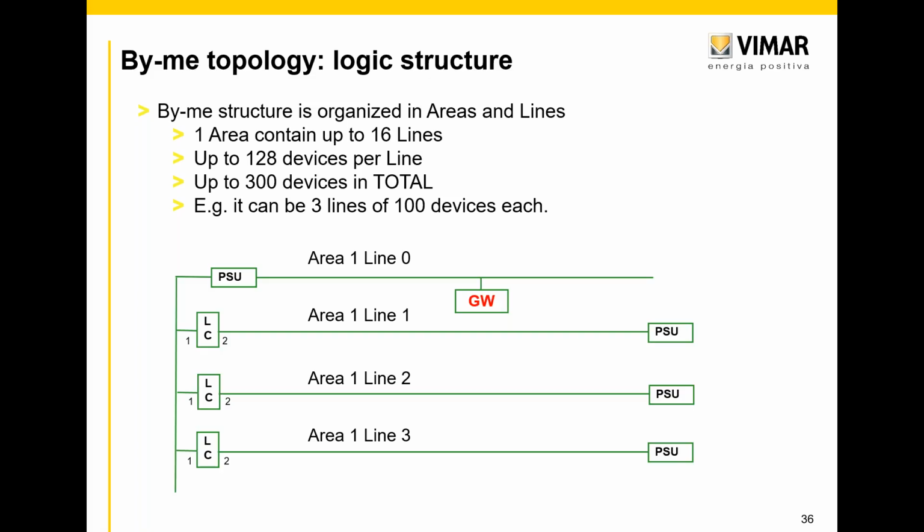If you want to split the system again, you can add more lines, up to 16, with the backbone, the line 0. So, for instance, you can do 3 lines with 100 devices each, or you can do 6 with 50 each. Up to you, depending on the structure, the building, the physical structure of the installation.